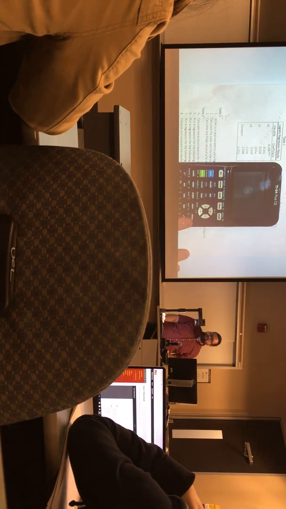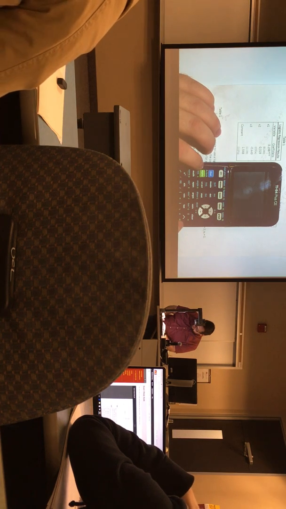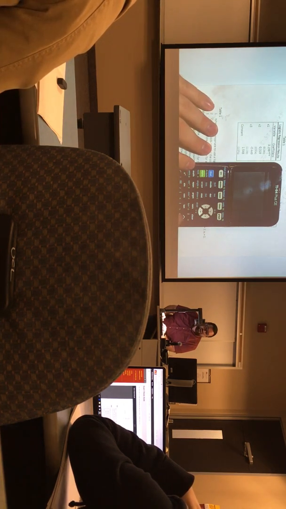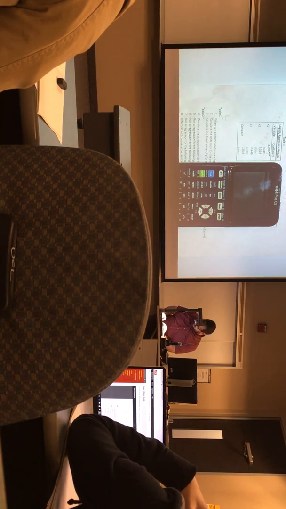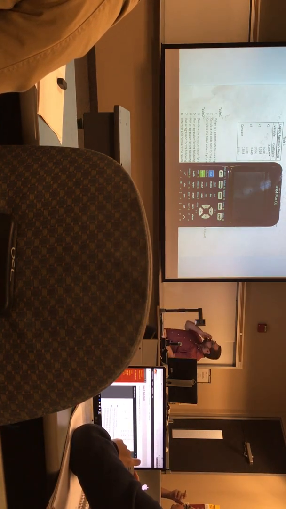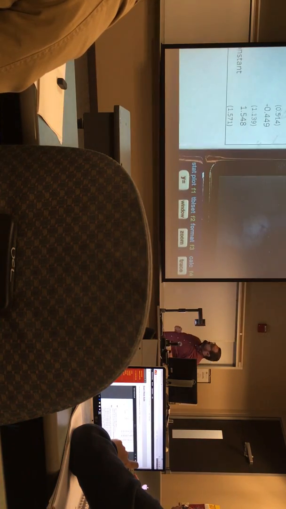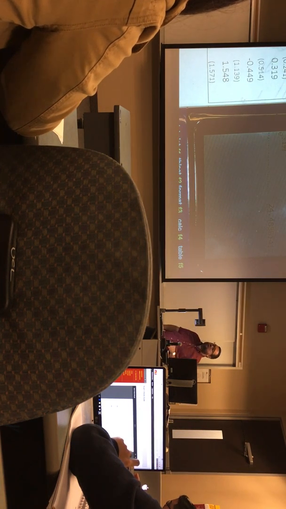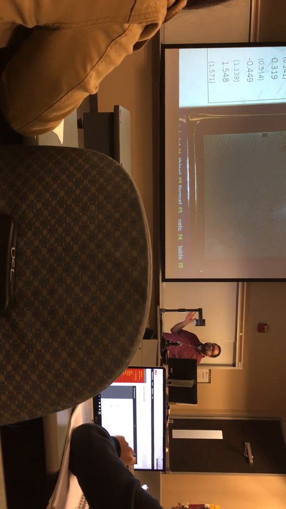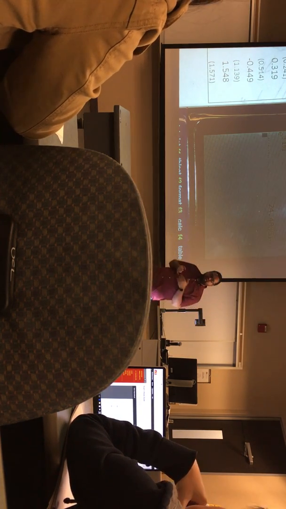It is e raised to the coefficient, not the negative z, but just the coefficient. So our coefficient on x1 is 3.198. I'm doing e to the 3.198, and that gives me the odds ratio. Answer. Done. Just e raised to the coefficient gives the odds ratio.